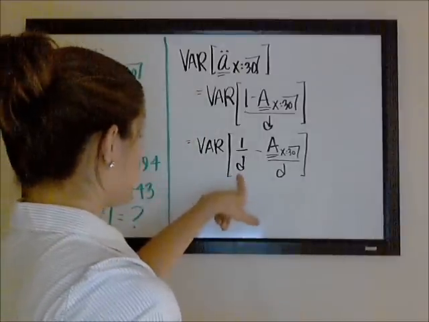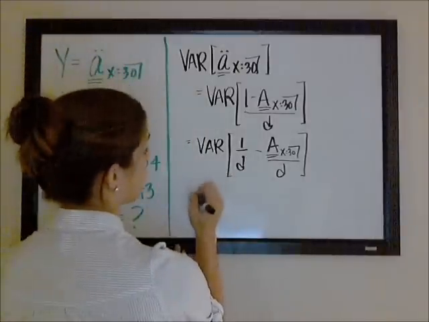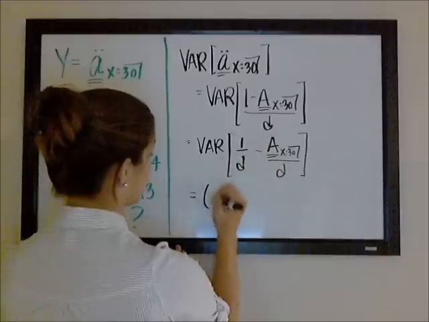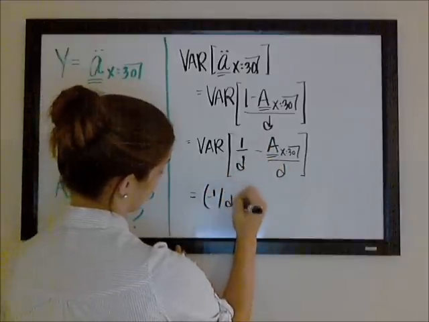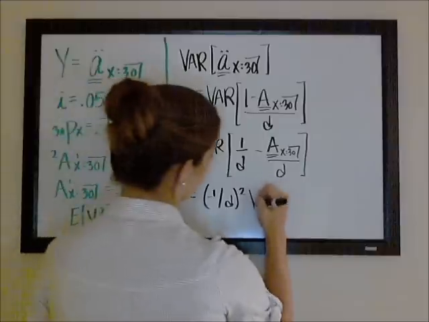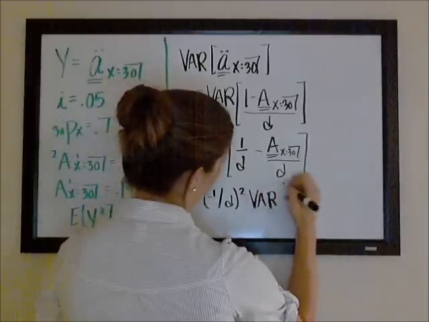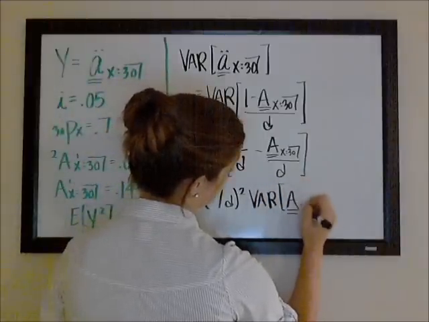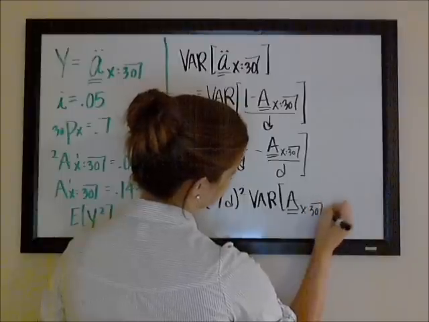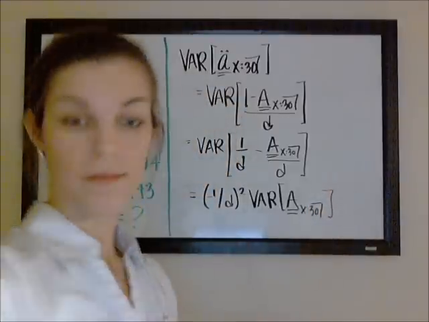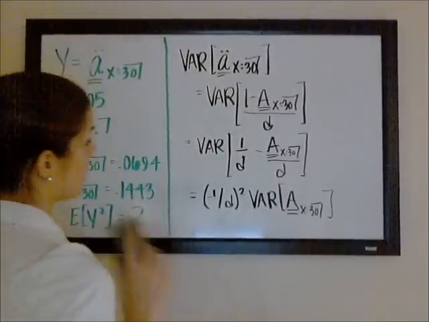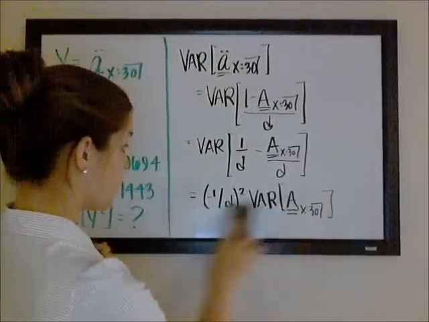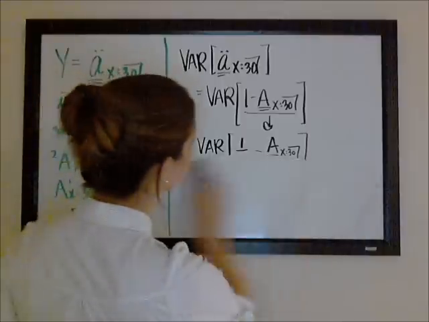Okay, the variance of this is 0 for the constant. I'm going to pull out the negative 1 over d and square it. And we're left with the variance of the insurance.